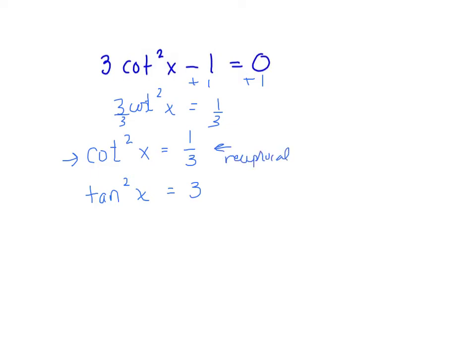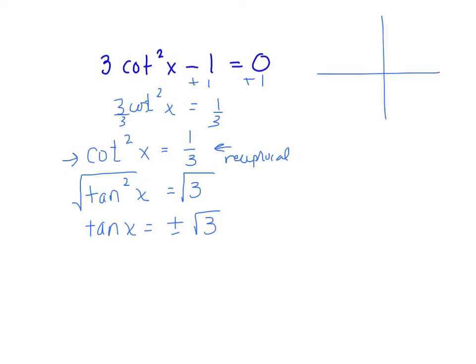Alright, so now I am to the point where I want to take the square root of both sides. So the tangent of x is equal to plus or minus the square root of 3. Now once again, that's going to end up being in all four quadrants, right? Because tangent is positive in the first and the third, and it's negative in the second and the fourth.